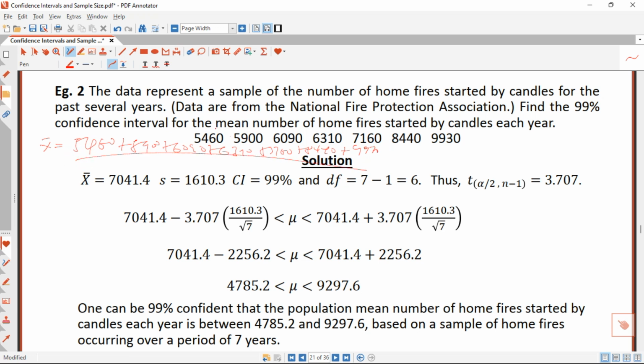The total is 1, 2, 3, 4, 5, 6, 7, 8. Divided by 8, you are going to get 7,041.4, right? And then we are also going to calculate our sample standard deviation, right? When you calculate the sample standard deviation, you are going to get 1,610.3, right?